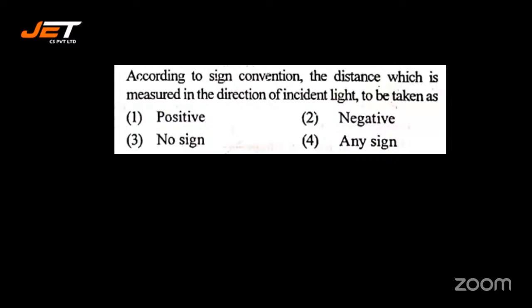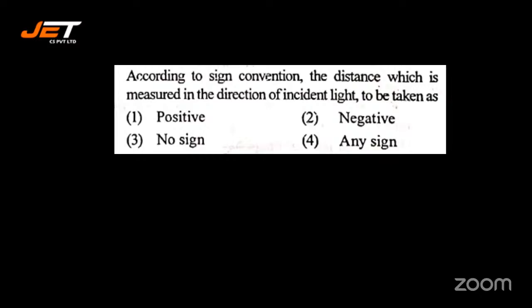According to sign convention, the distance which is measured in the direction of the incident light is to be taken as positive, negative, no sign, or any sign? Yes, Anjali, you are absolutely right. But answer this question now.